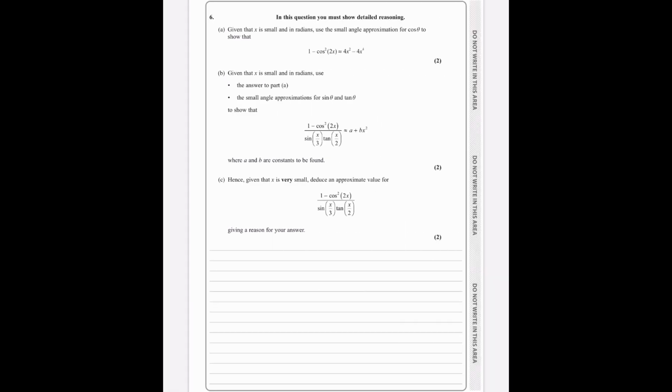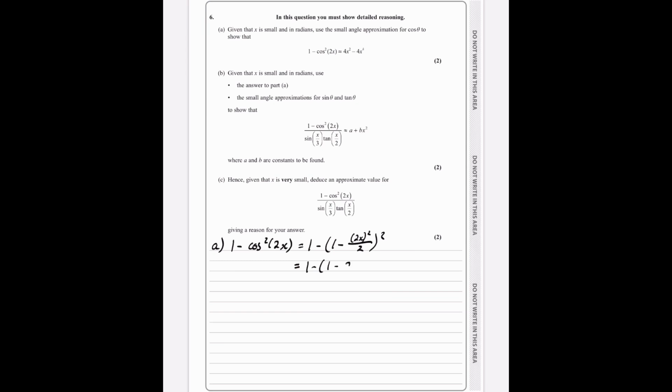Question number 6. So we're dealing with the small angles. Cos of theta when theta is small is 1 minus theta squared over 2. That's our approximation. So replacing theta with 2x in this case, our 1 minus cos squared 2x becomes 1 minus, and then it's (1 minus (2x) squared over 2), all squared.